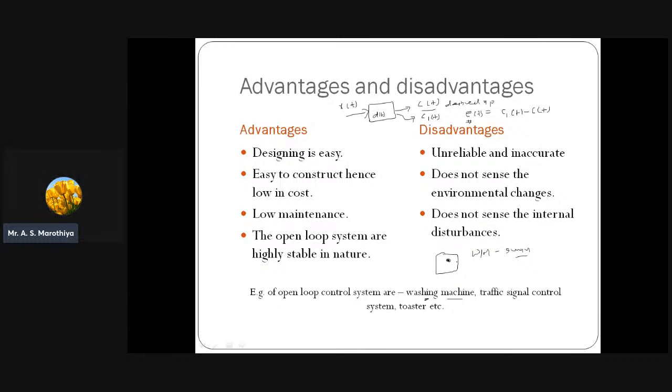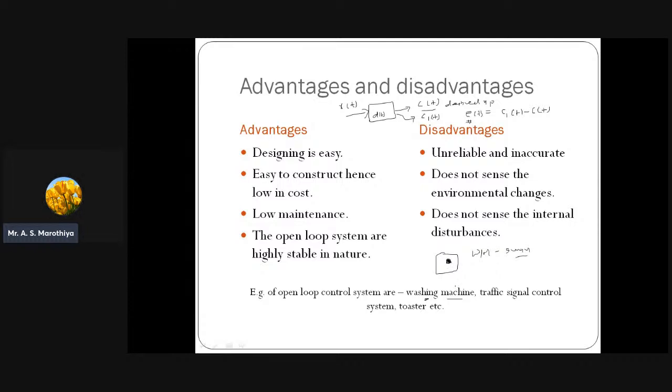That means the input to the machine is not going to change with respect to change in output. If the system were closed loop instead of open loop, then depending upon the dirt, the machine would automatically decide for how long, at what rate, and how much washing powder to take from the supply, so that it can completely remove the dirt from the cloth.